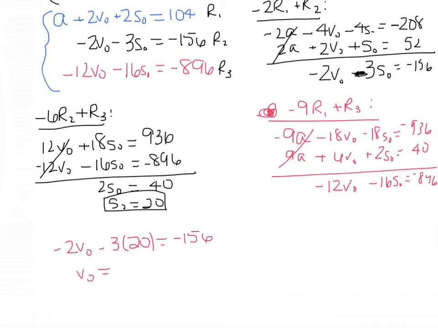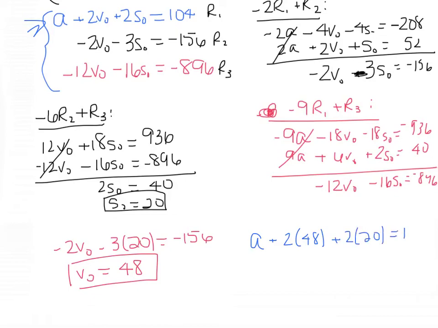This tells me that v sub 0 is equal to 48. Now that I know what v and s are, I can plug this into my original equation up here. Then a is found by taking a plus 2 times 48 plus 2 times 20 equals 104. If we solve for a, that gives us negative 32.